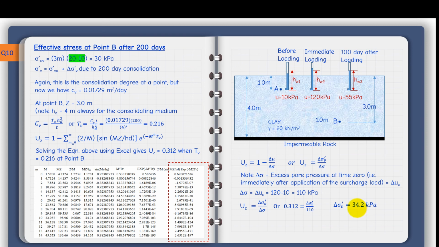So I can now work out the change in the effective stress at point B due to the surcharge some 200 days after application of the surcharge, which is 34.2. The rest is straightforward. I just need to add this to the overburden pressure being 30, so 64.8. So the effective stress after 200 days from applying the surcharge at point B, inclusive obviously of the overburden pressure, will be 64.8 kPa.